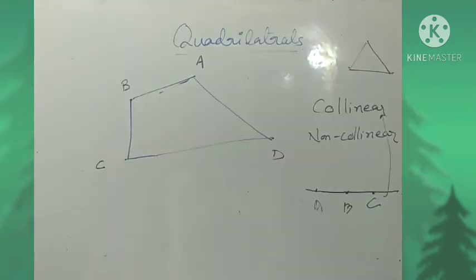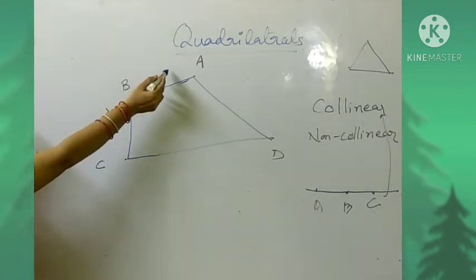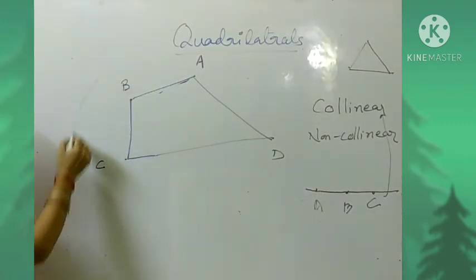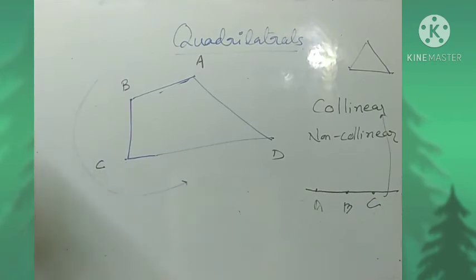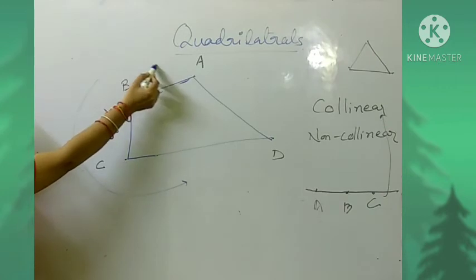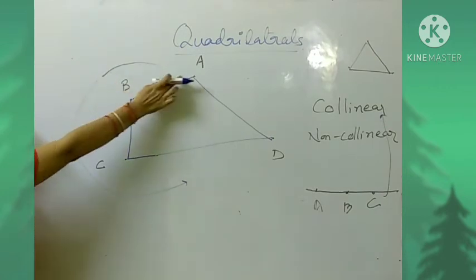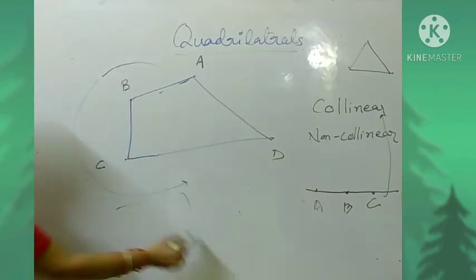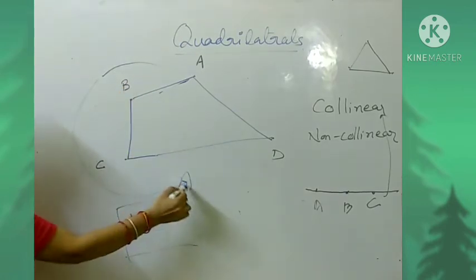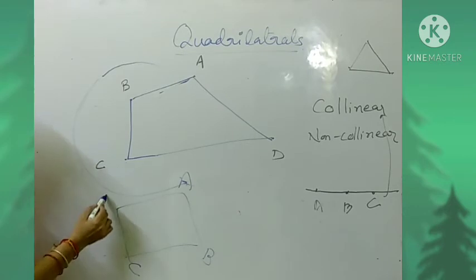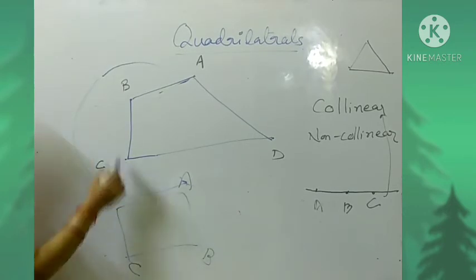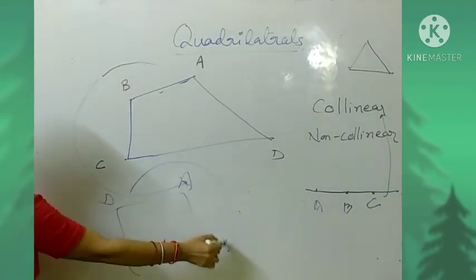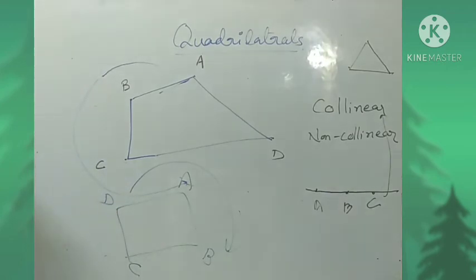Now, whenever we have to name a quadrilateral, we have to move in a proper cycle. We have to start from a point and go A, B, C, D, either in the clockwise or in the anti-clockwise direction.